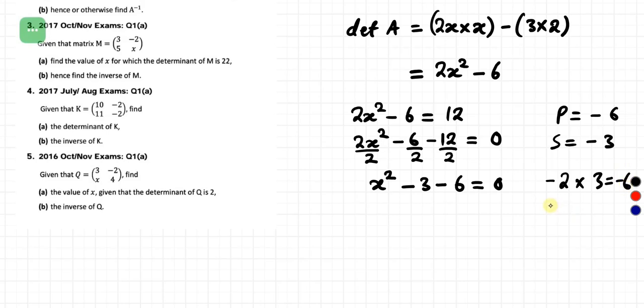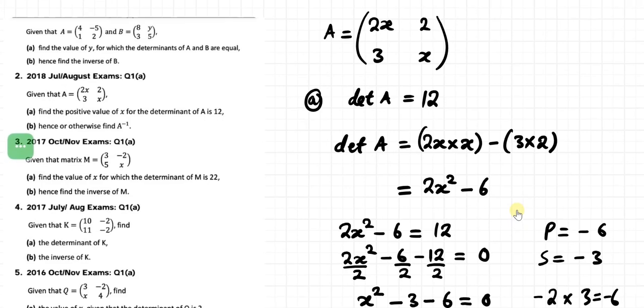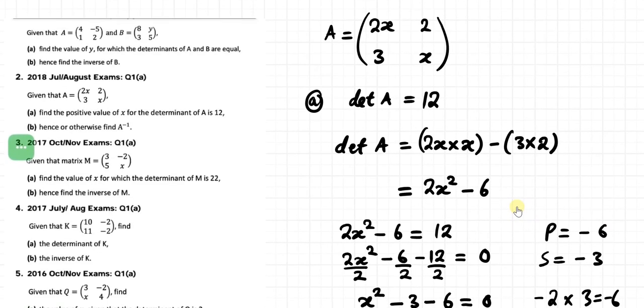If I say negative 2 plus 3, I'll just get a 1. So this one is not agreeing, unless I've made a mistake, because it appears that it is becoming a little bit tricky.